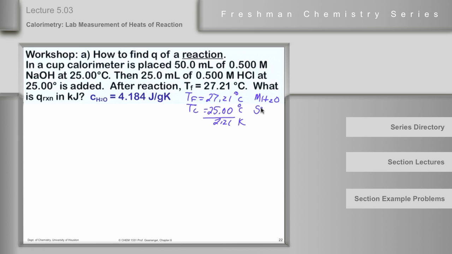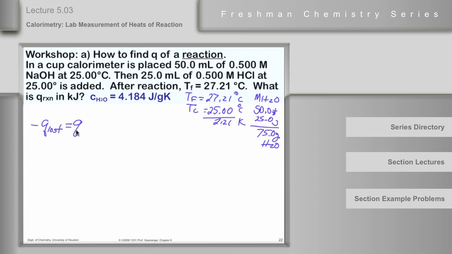Okay, now minus Q lost equals what? Q gained. We always start calorimeter problems thinking that way. Something lost the heat. In this case, it was a chemical reaction that lost the heat, and the water, the solution, gained it. Okay? So the heat was gained by the water.